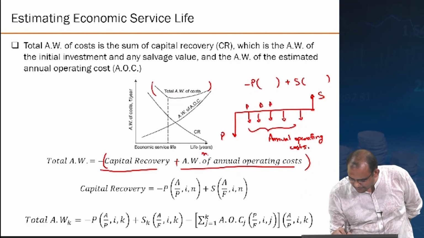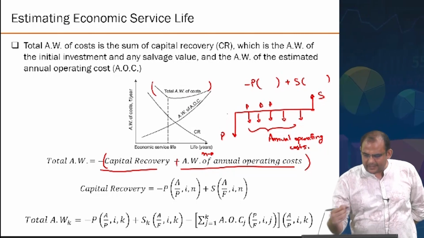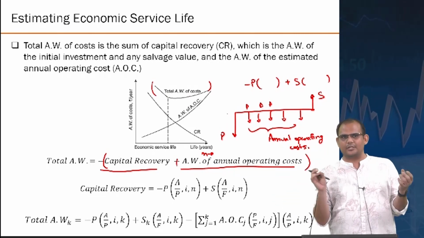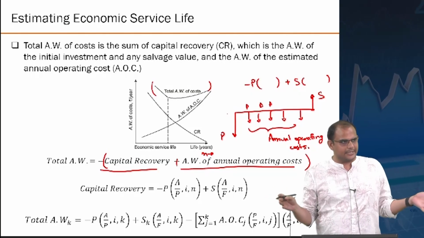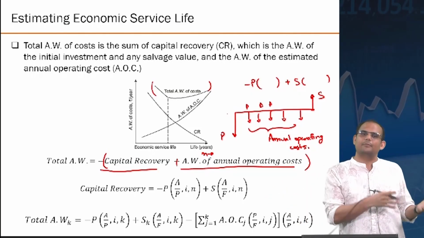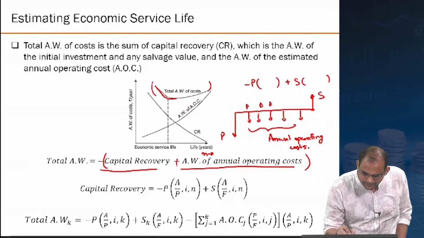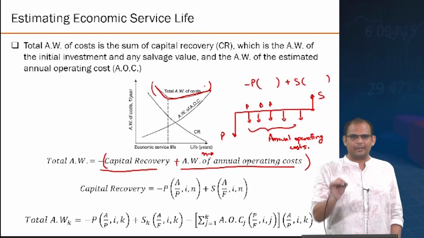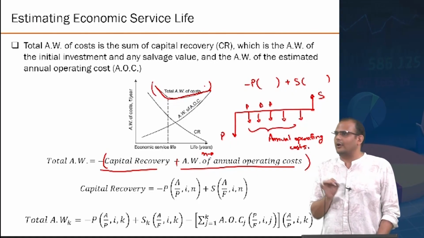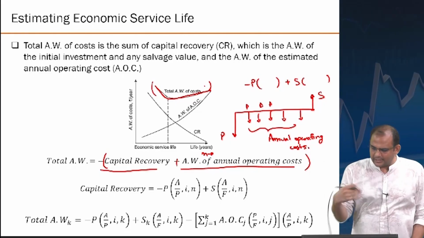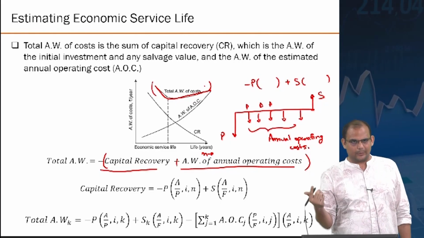When n goes high, the capital recovery factor goes down, because then you are distributing the same cost over a larger number of periods. So, the total cost, which is the sum of the capital recovery plus the annual operating cost, will have a typical profile like this with a minimum, and that minimum is the economic service life. Okay, graphically shown here.